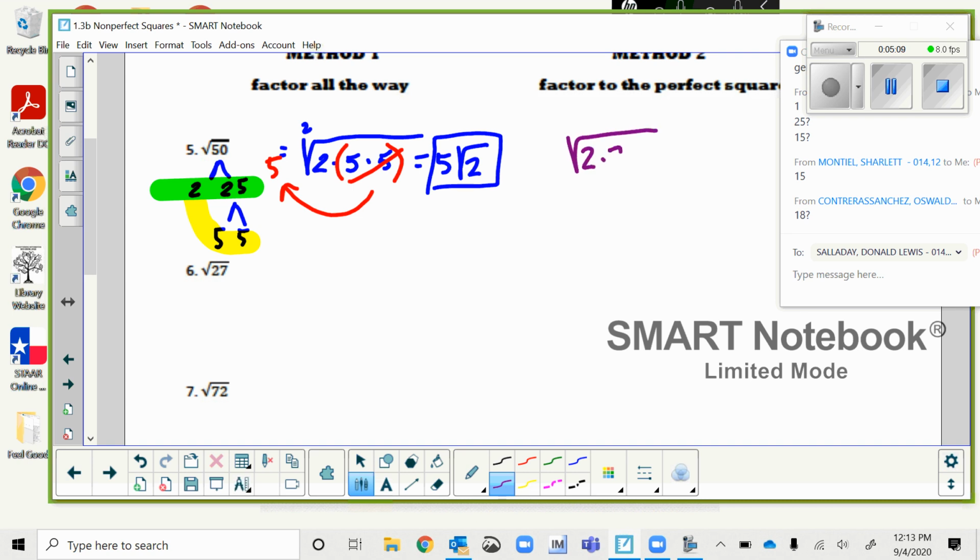I could have said, all right, I need the square root of 2 times 25. The square root of 25 is 5. So I'm going to simplify it, and I bring the 5 out. The 2 stays inside because it's not a perfect square. And then that would give me 5 square roots of 2. The same answer.